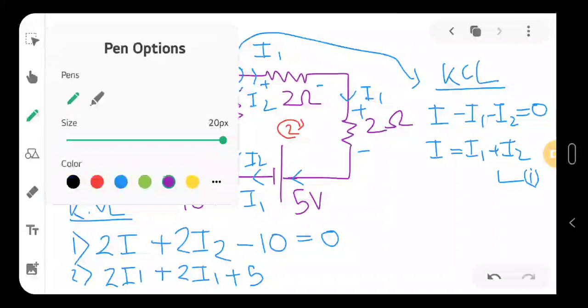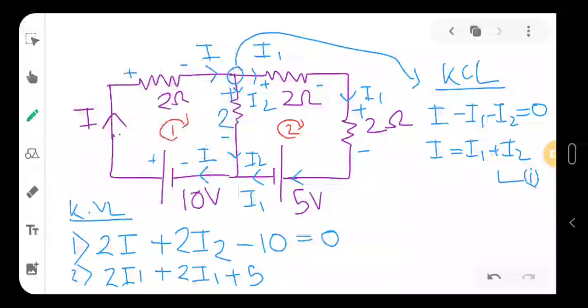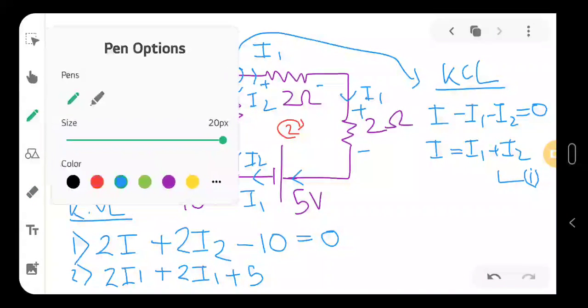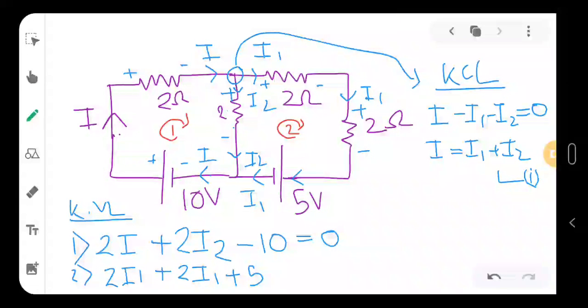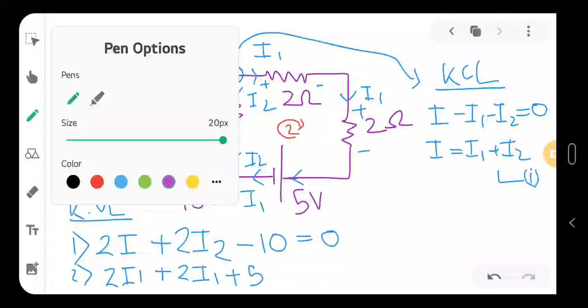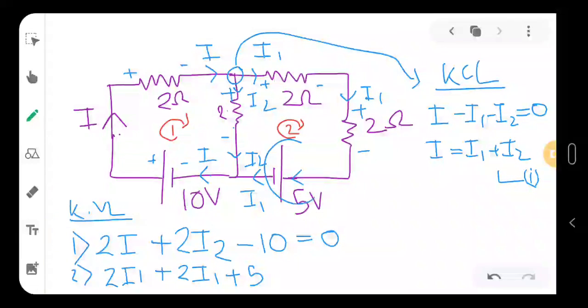Let me write this also with this color. So now you see we are here, right? Now we are moving in the same direction like this. The next part is this one. If you move here, you will first encounter minus at the beginning because you are moving in this direction, right?